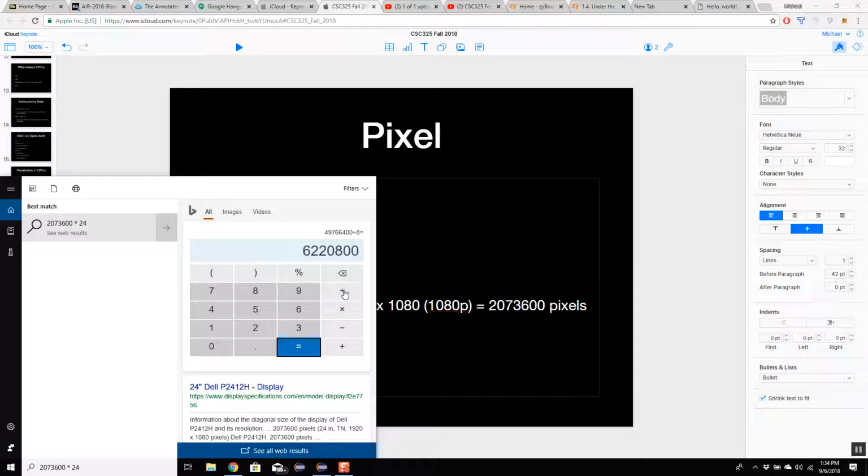Divide by 1024. So that gets us kilobytes. Divided by 1024 again. That gets us megabytes. So just under 6 megabytes of data is required for a 24-bit picture in 1080p.